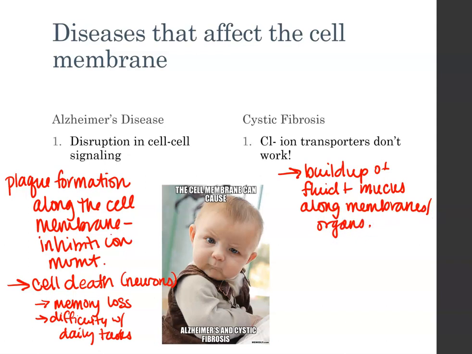So this also hinders movements of other molecules and causes those organs not to function correctly, particularly the lungs, which can cause issues with breathing. Now, there are other effects of cystic fibrosis as well, other effects to organs, but they all come from this lack of chlorine ion transporters and this buildup of mucus across the membrane.